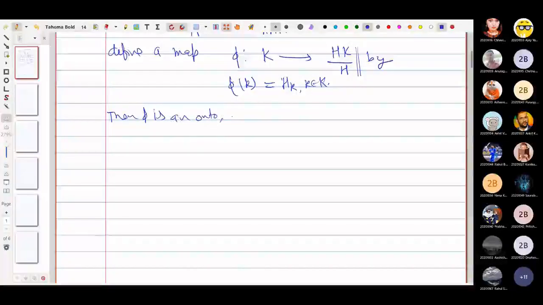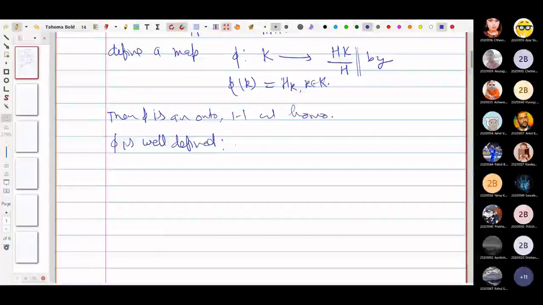First, once we define some map, we need to prove that the definition is proper. I mean to say that phi is well defined.